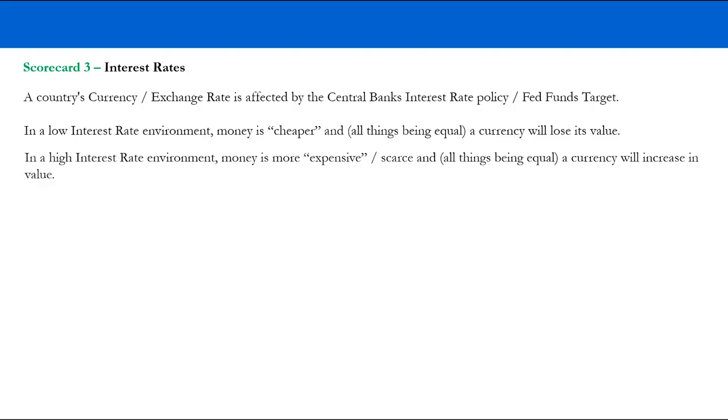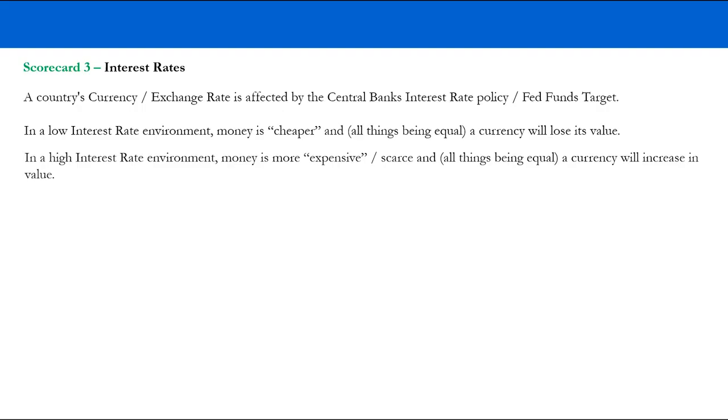And just to cement this, a country's currency or exchange rate is affected by the central bank's interest rate policy, or in this case, the Fed funds target. Because in a low interest rate environment, money is basically cheaper. The price of money is lower.